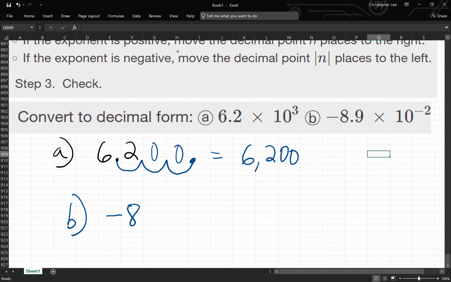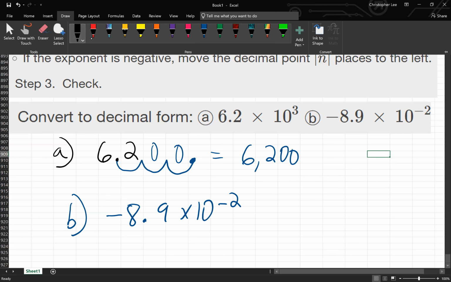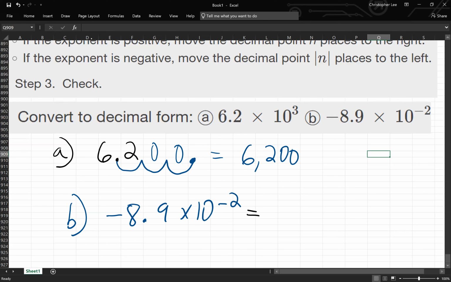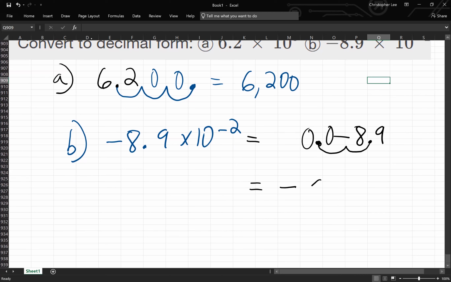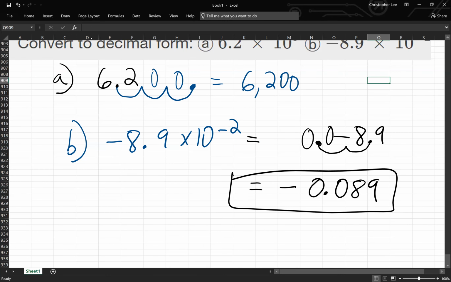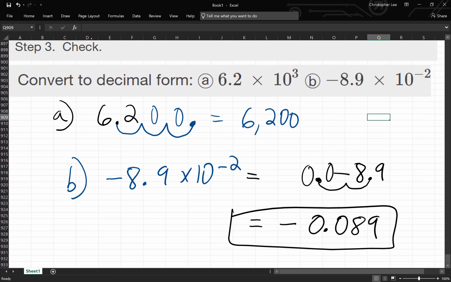I have negative 8.9 times 10 to the negative 2 power, right? So what am I gonna do, right? I have negative 8.9. I'm gonna move this over 2 spaces, 1, 2. So now add on a 0 here and a 0 here. What do I have as my final answer? This is negative 0.089. That's the answer for B. Question?